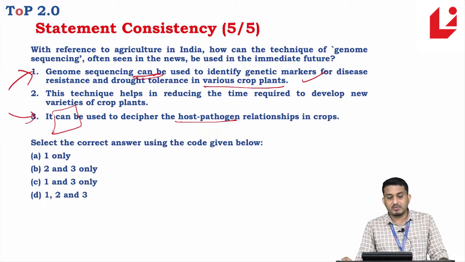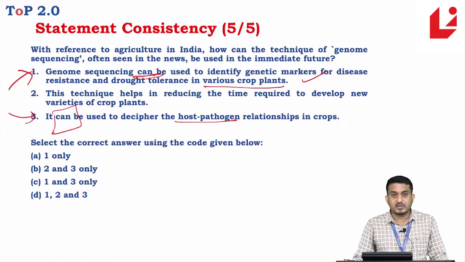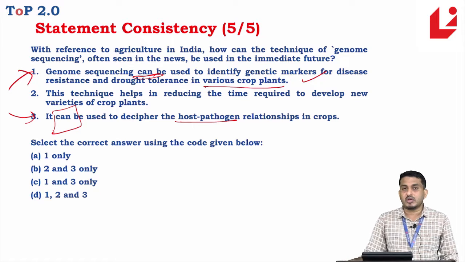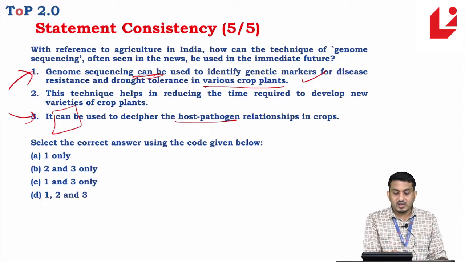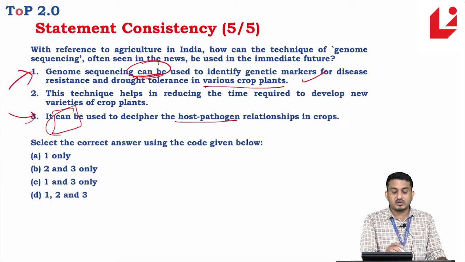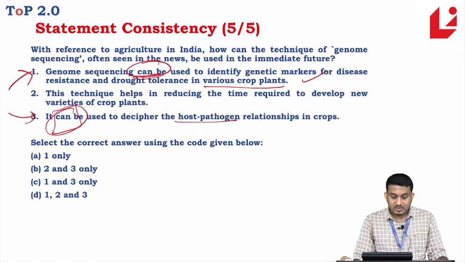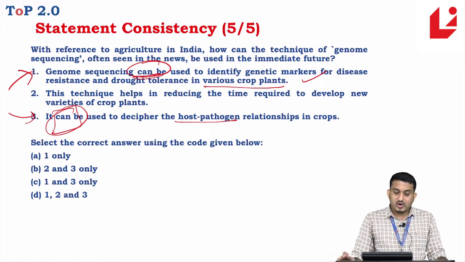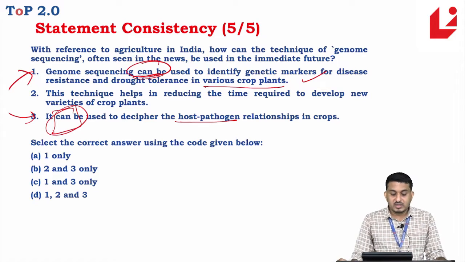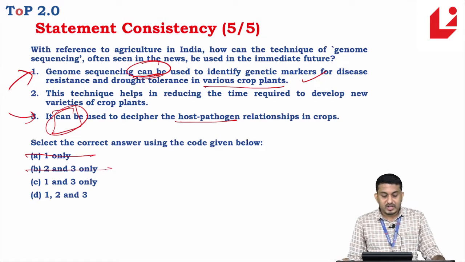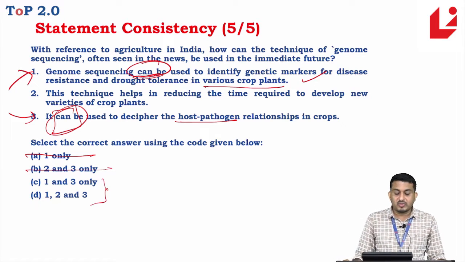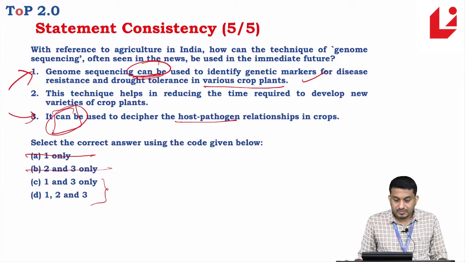So this question can be solved either by using statement consistency or by using rotten tomato and possibility enhancer. You have possibility enhancer here and here. So every possibility that these two statements are correct. Or 1 and 3 are consistent with each other. So if 1 and 3 are consistent, you can leave out two options. We are finally with two options, C and D. 1 and 3 only, 1, 2, 3.